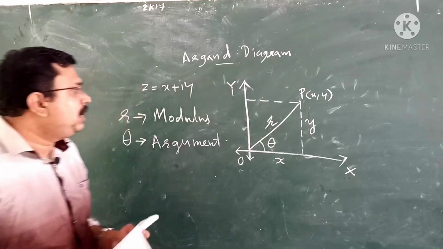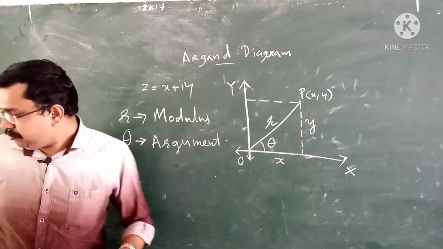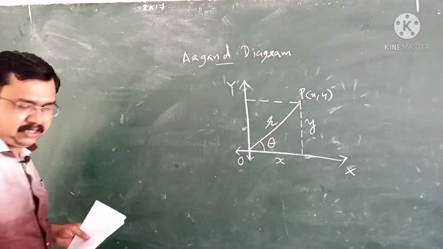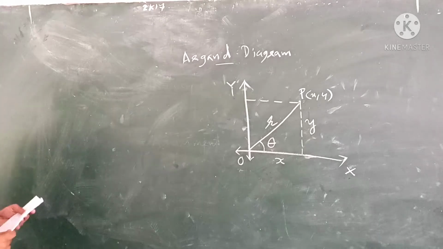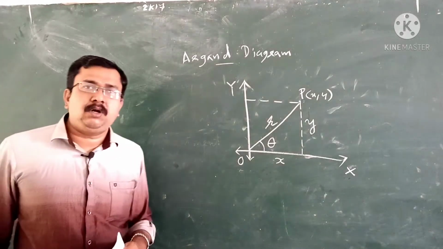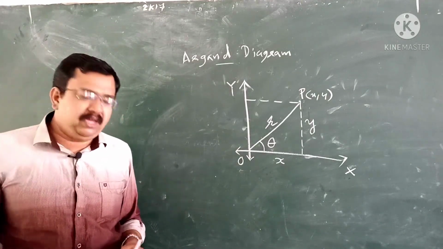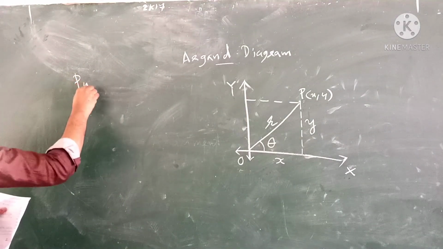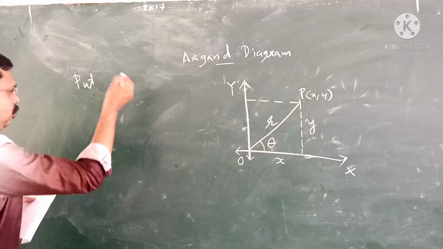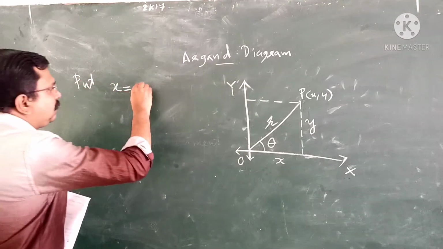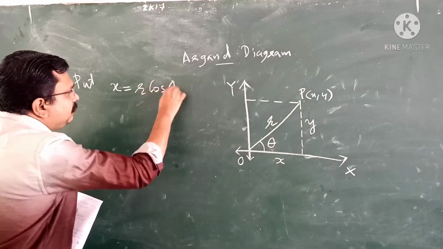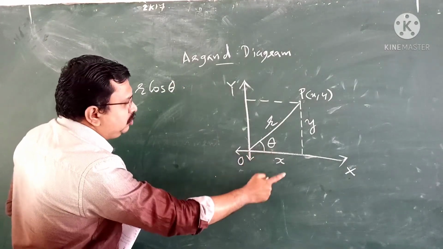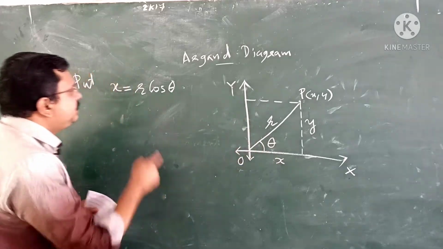Now let us suppose that x plus iy is our complex number. From this diagram it is clear that cos theta is equal to x by r.